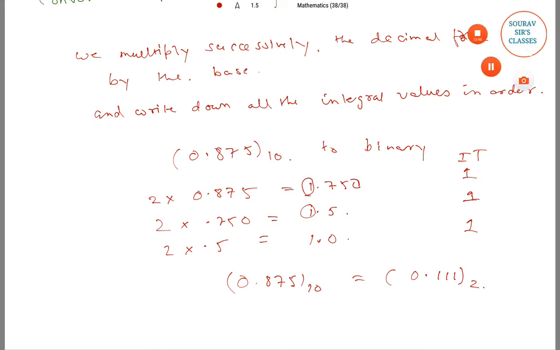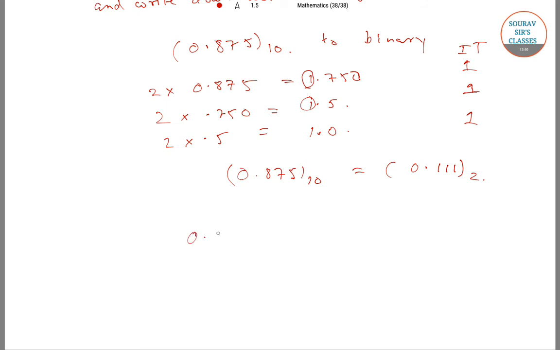Similarly, if we want to convert the decimal 0.825 with base 10 into the octal system, we multiply the decimal part, 0.825, by 8.